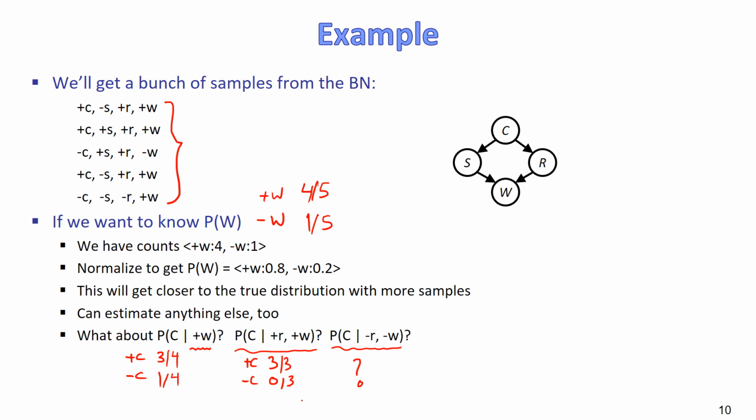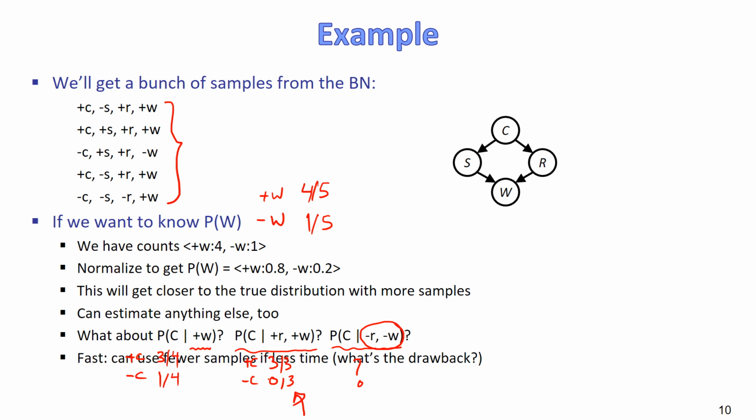Like in this case, we got 0. Why? Because we have samples of plus R and plus W, and among them, we didn't get any minus C. That's 0. Of course, this is an approximation. Again, all of this counting is just an approximation. But here we cannot say anything because we don't have any samples that have minus R and minus W. So we cannot say anything about this probability.